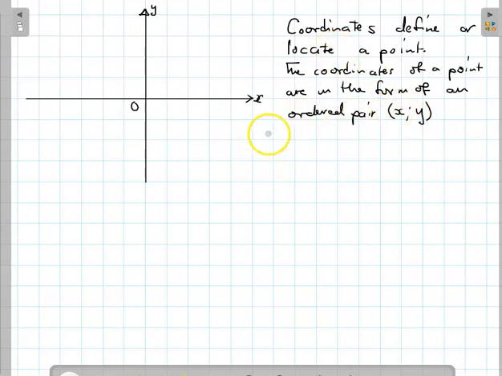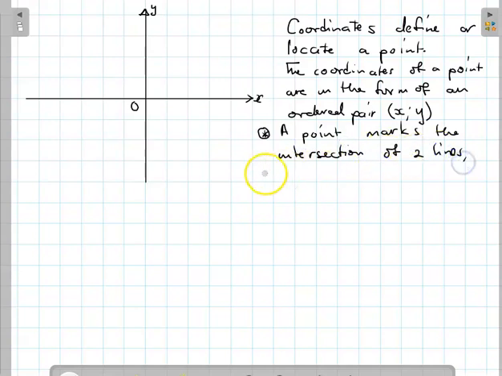Now someone will then ask, what is a point? So this definition is important. A point marks the intersection of two lines, a line and a curve, or two curves.